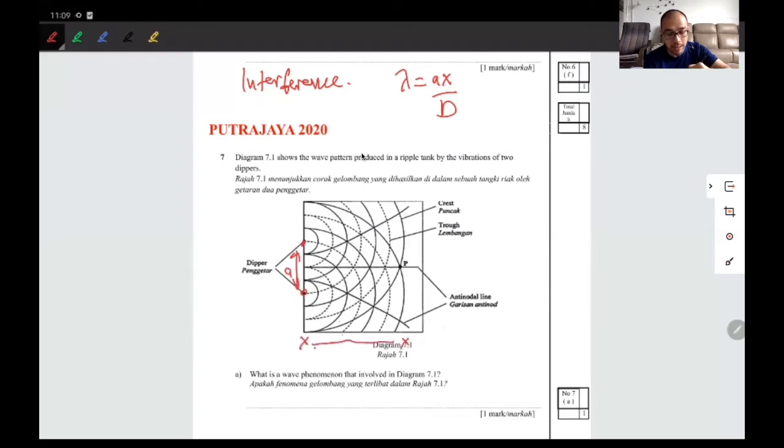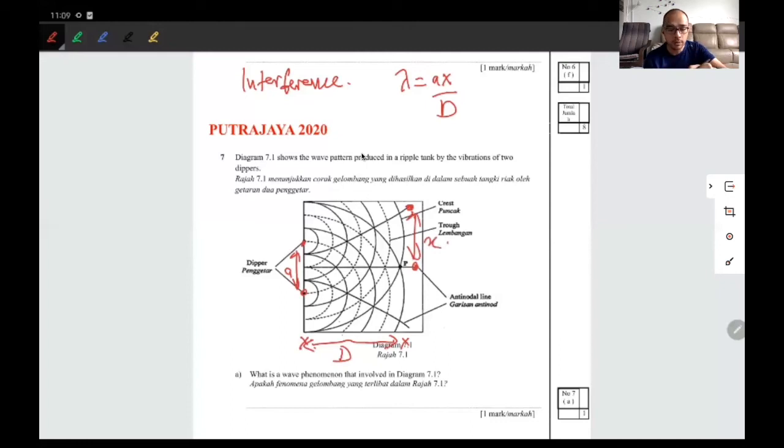So this is D. X is the distance from one antinode to the next antinode. So this is X, or one node to the next node.